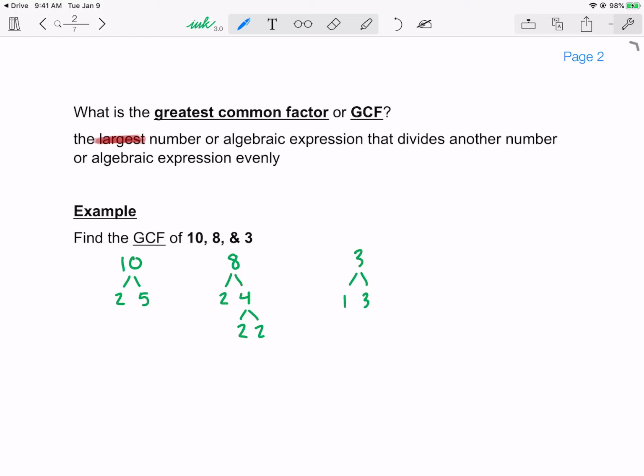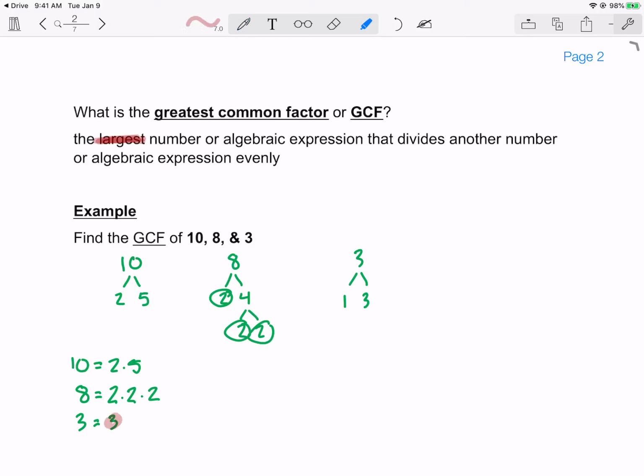So I would typically write that 10 is equal to 2 times 5, 8 is equal to 2 times 2 times 2, and 3 is equal to 1 times 3, or just 3. There's nothing exciting about it. Now I would look at all these numbers and see if there's any overlap.